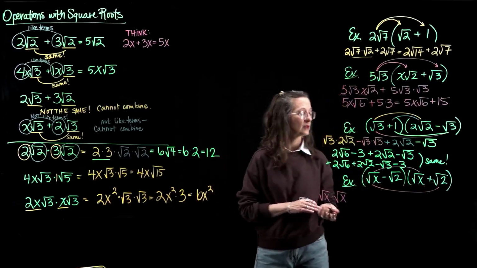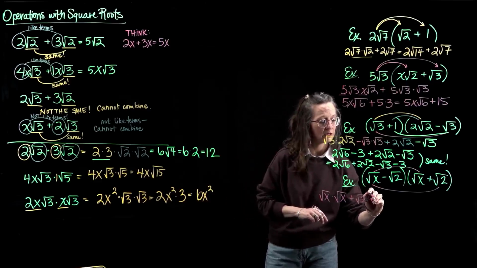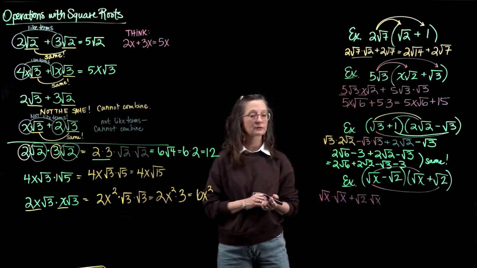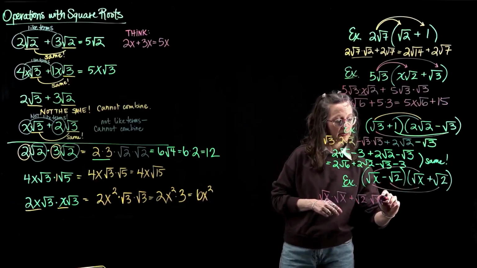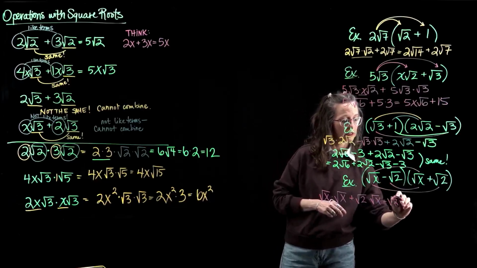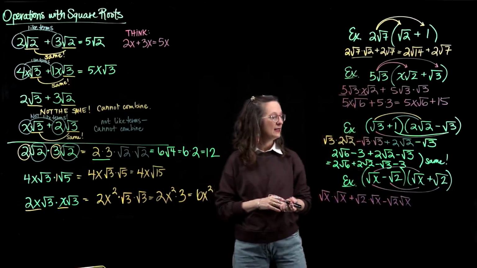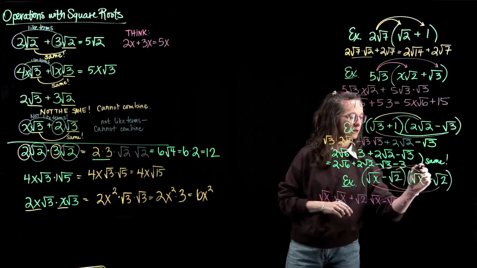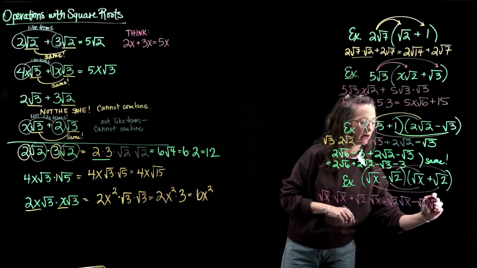Outside terms, that would be plus square root of 2 times square root of x. Inside terms, minus square root of 2 times square root of x. And then last terms, minus square root of 2 times square root of 2.